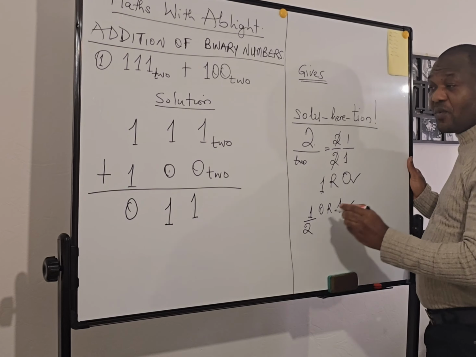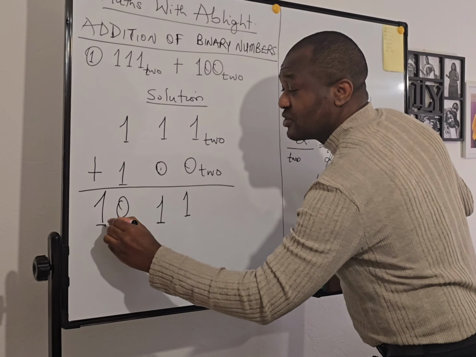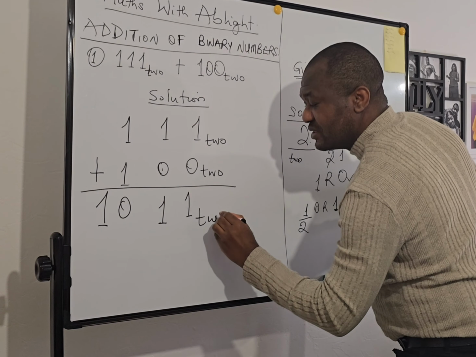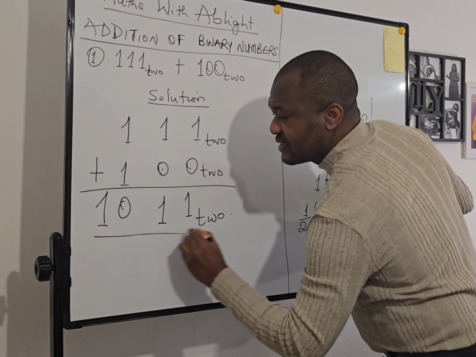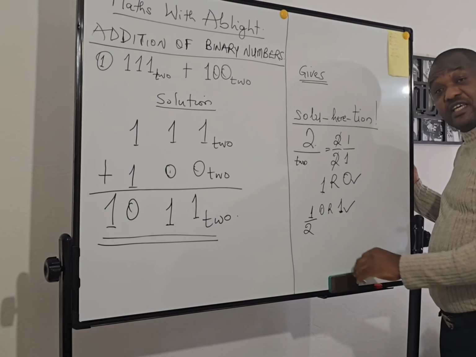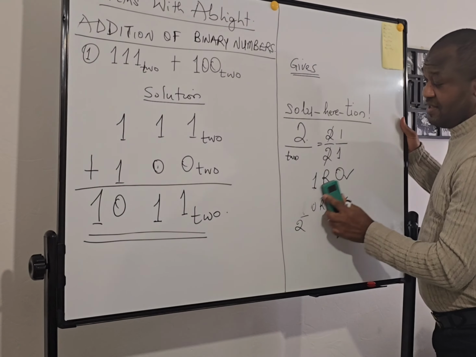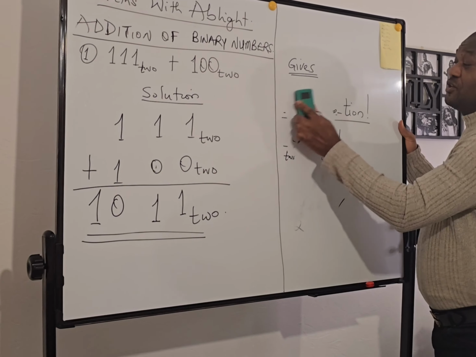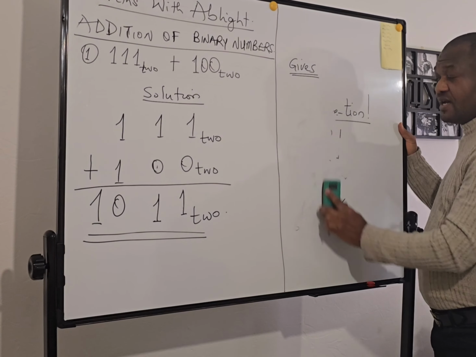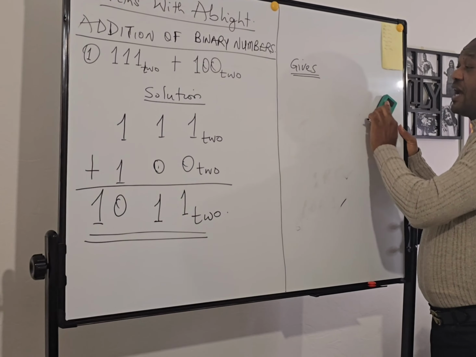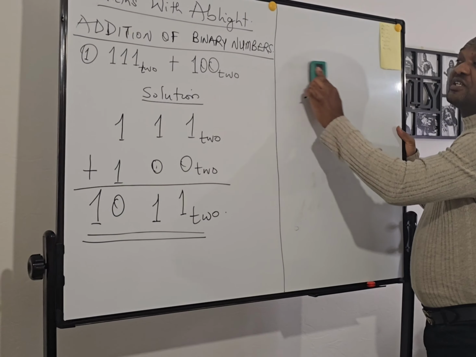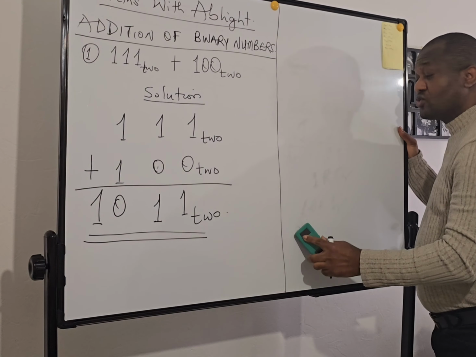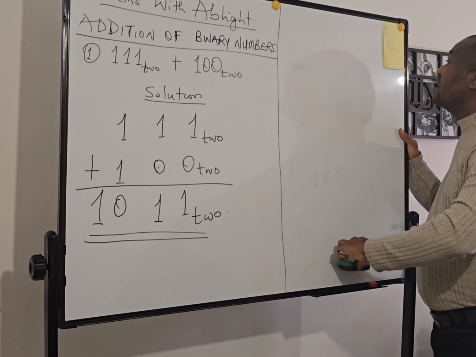You write your remainder 1. So this becomes your answer in base 2. And that is your answer even in Lagos. If you are not satisfied with that, you go to Lagos and find out the answer. You will meet the answer there.